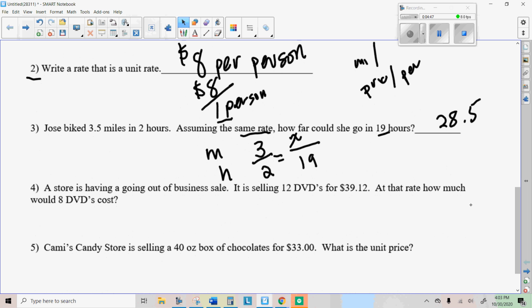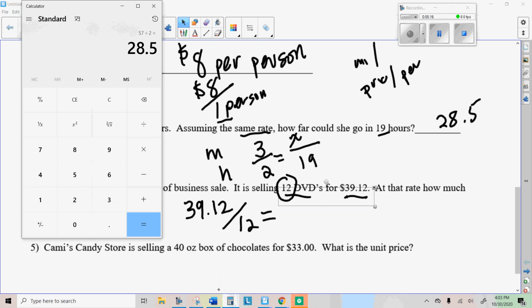Okay. Number 4 says a store is having a going out of business sale, selling 12 DVDs for $39.12. At that rate, how much would 8 DVDs cost? Okay, I think I'm going to do this one a little bit different. I'm going to find the cost for one DVD. So I'm going to do 39.12 divided by 12, and that'll be the cost for one.